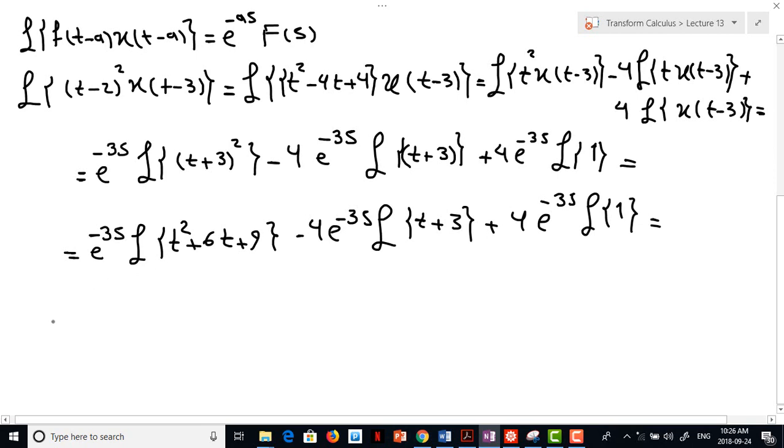If I just factor out e to the power of minus 3s, what's left? Here we have t squared. Laplace transform of t squared is 2 over s cubed.